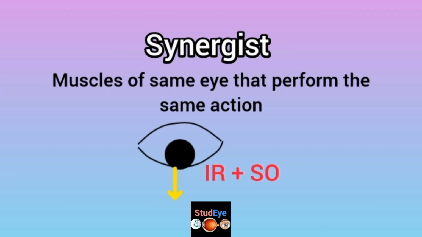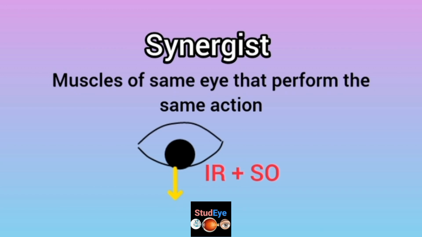Now the synergists are also muscles of the same eye. You should remember that agonist, antagonist and synergist are all in the same eye, right? We are talking about a single eye right now. Synergists are muscles of the same eye that perform the same action, right? So synergists are those muscles that are performing a single function.